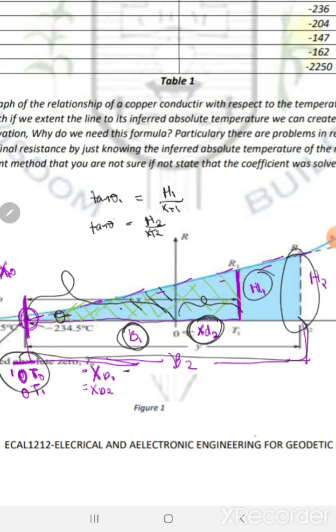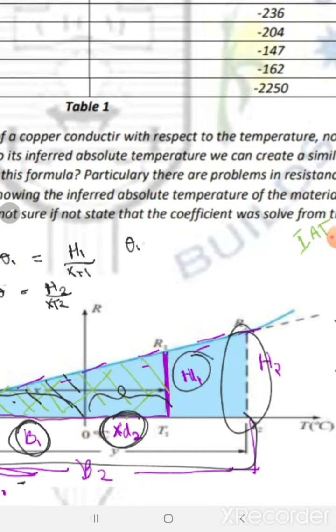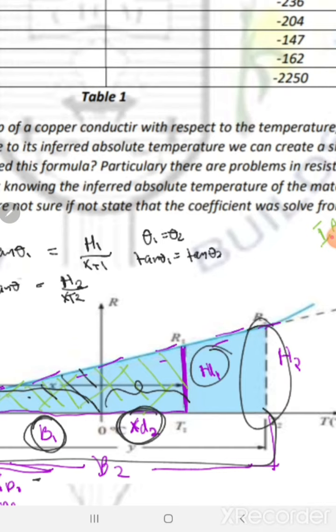Right? So therefore I may say that since your theta 1 is equal to theta 2, therefore my tan theta 1 is equal to my tan theta 2. But what is my tan theta 1? It is equal to H1 all over XT1, which is also equal to your H2 divided by XT2.